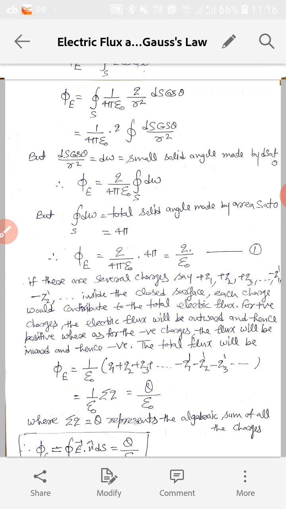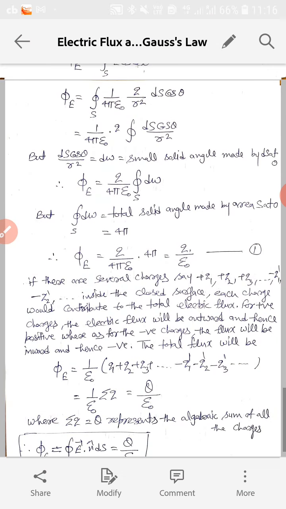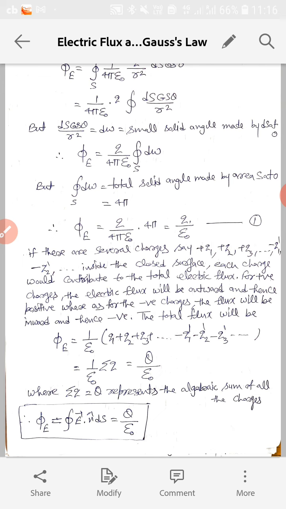How do we write this total electric flux? This will be the surface integral over the closed surface of E dot n cap ds equal to Q by epsilon 0. This is the mathematical statement of Gauss law, which is very important, and which we will use quite frequently in our coming lectures.